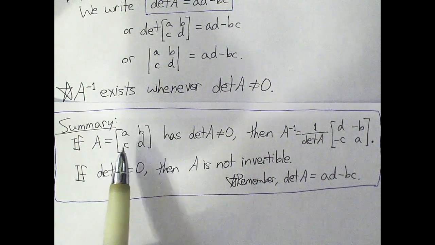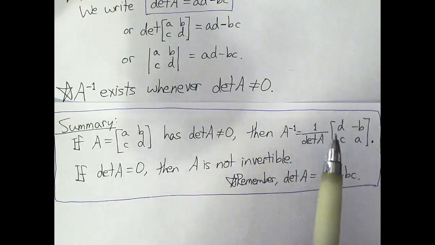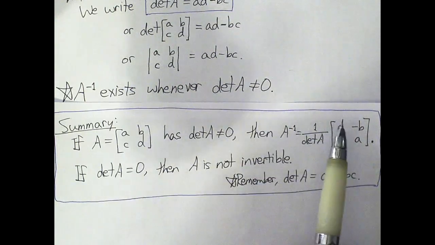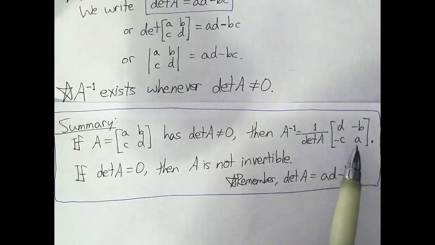The other thing you need to remember is the matrix for A inverse: D, negative B, negative C, A. If you just want to remember those, that's fine.